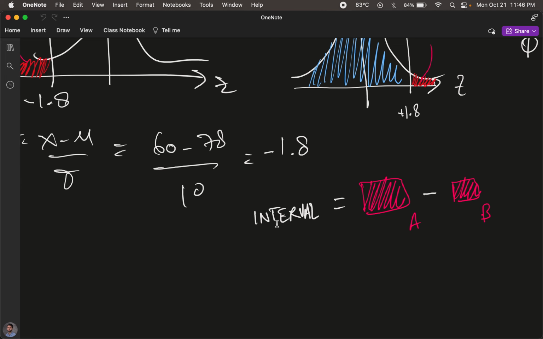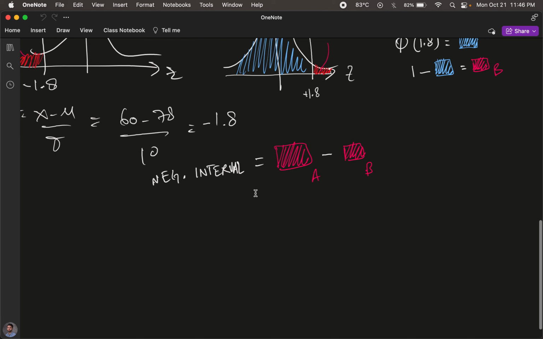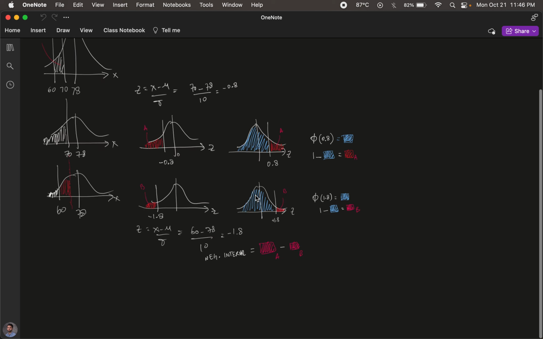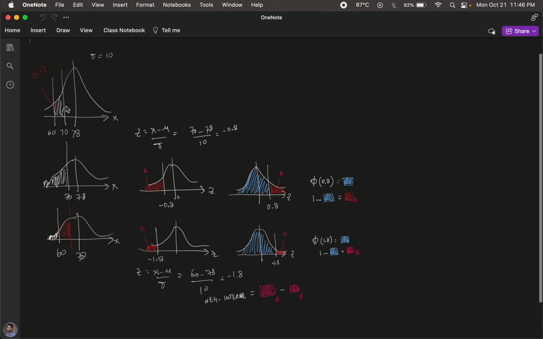I'll just call this negative interval, and that is the same interval that we have right here. So subtracting the smaller area from the bigger area to get the central area, the interval area. But to get this interval area, you need to flip the negative z values to make them positive z values, so you can get these tail probabilities, which are in fact the same ones on the left hand side, and you subtract these areas to arrive at your final answer.